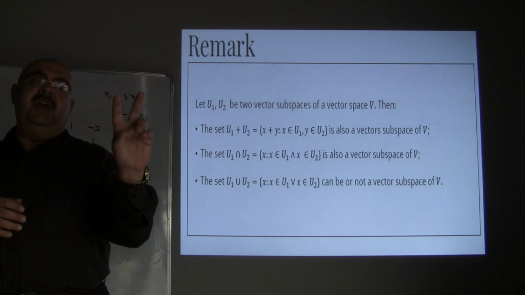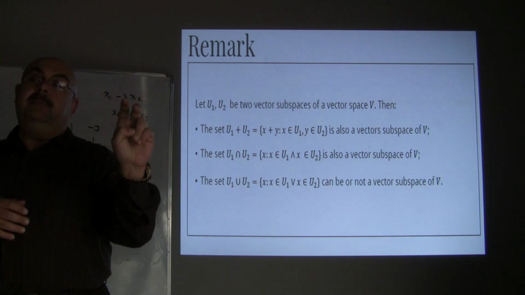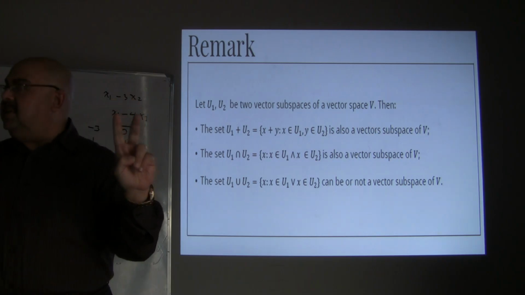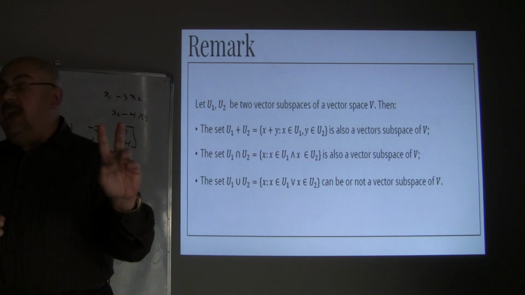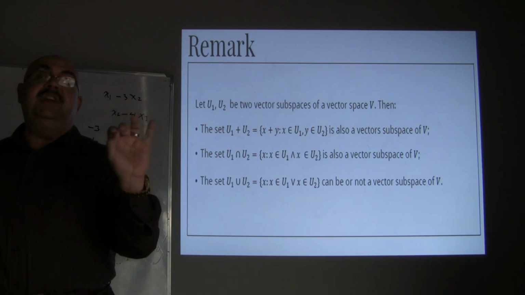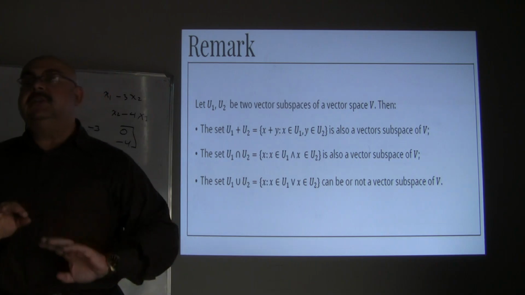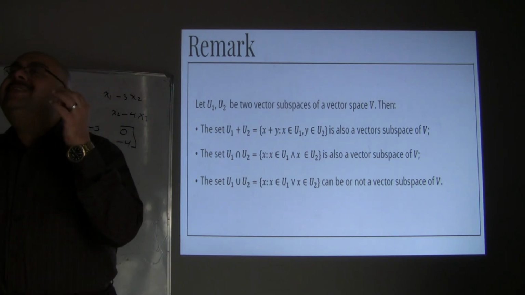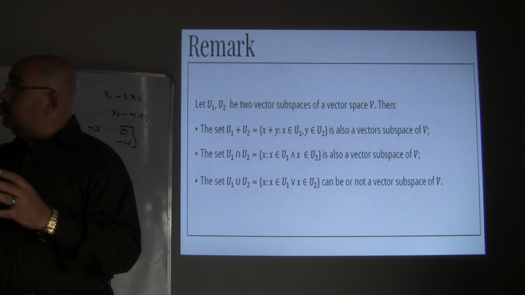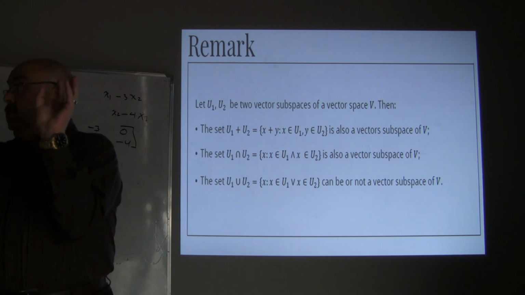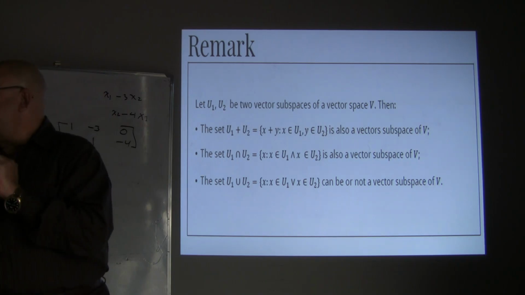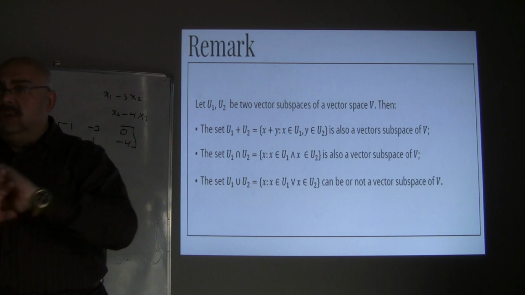The intersection between 2 subvector spaces is necessarily a subvector space. If you add 2 subvector spaces of a certain vector space, the result will be a subvector space. But the union is not necessarily a subvector space. It will be a subvector space if these 2 subvector spaces are subsets of each other. But other than that, it's not guaranteed.